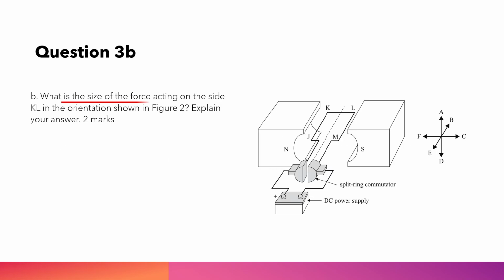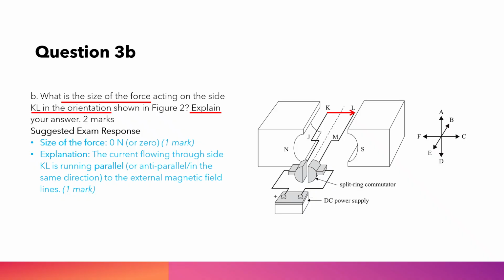What is the size of the force acting on the side KL in the orientation shown in Figure 2? Explain your answer. 2 marks. Suggested exam response. Size of the force, 0 N, 1 mark. Explanation. The current flowing through side KL is running parallel, or anti-parallel, to the external magnetic field lines.